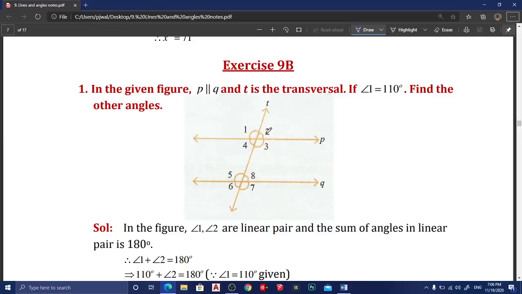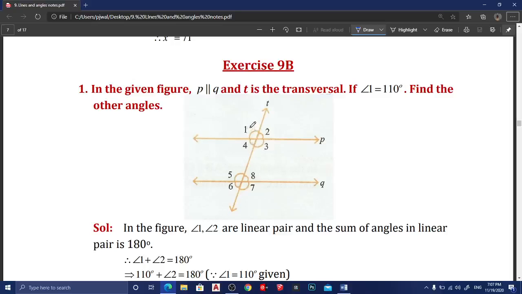Angle 1 plus angle 2 is 180 degrees. Because this is a straight line, it will form a straight angle which is equal to 180 degrees. That's why by adding these two angles, you will get 180 degrees. Here also this is a straight line. This is intersected by this line. Then these two angles will become a linear pair, which have the sum of the angles 180 degrees.